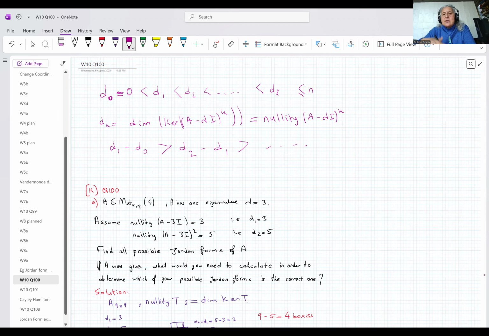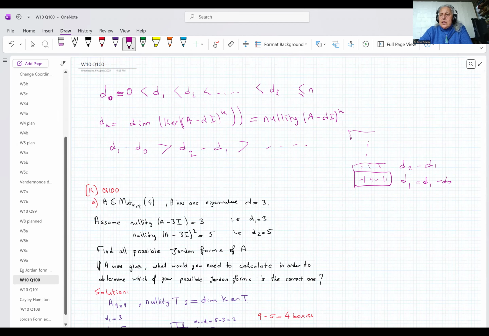So for each of these spaces, we denote the number of boxes we put here with d1 minus d0, which is exactly d1. And then you put the number of boxes on the top, which is equal to d2 minus d1, and so on.